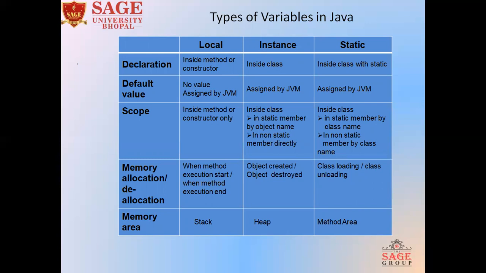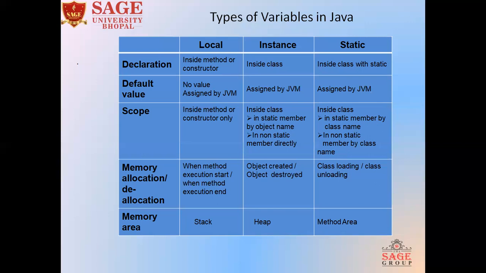Fourth point is memory allocation and deallocation. A local variable gets memory when method or constructor execution starts, and the memory is deallocated when the method or constructor execution ends. An instance variable gets memory when the object is created, and it is deallocated when the object is destroyed.